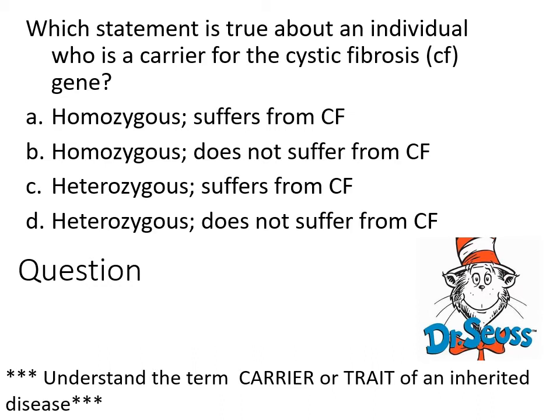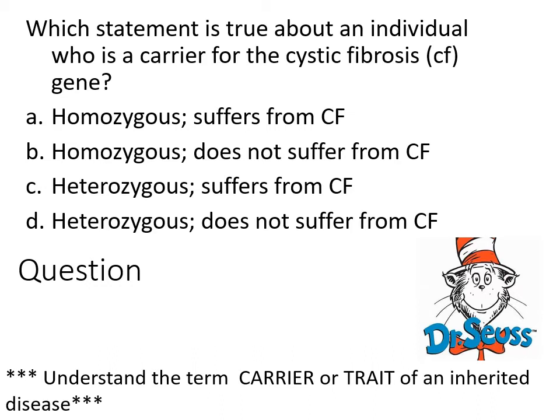Okay, so if we were to think about an autosomal dominant disorder, you can never be a carrier, because as soon as you have one allele that's defective, well, you're going to have the disease. You won't be a carrier of the disease. Okay? So when we're talking about carrier state, we're talking about recessive conditions. Okay?